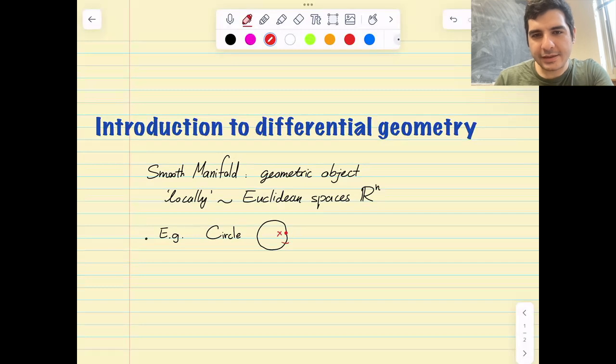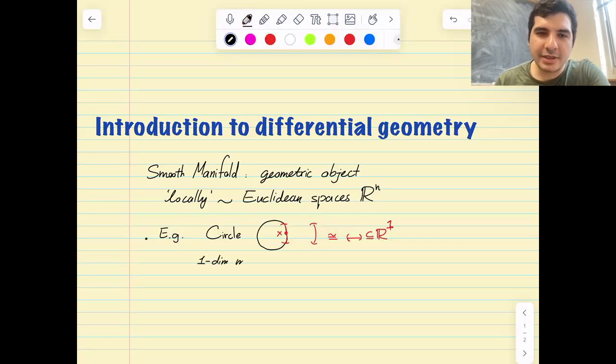Well, any point x you pick on this circle, if you look at a very small neighborhood around that, this red thing, this looks like an open interval inside R. So it locally looks like a bit of R or R1. Since every point has this property, I would say this circle is a one-dimensional smooth manifold, or simply a smooth one-manifold, right?